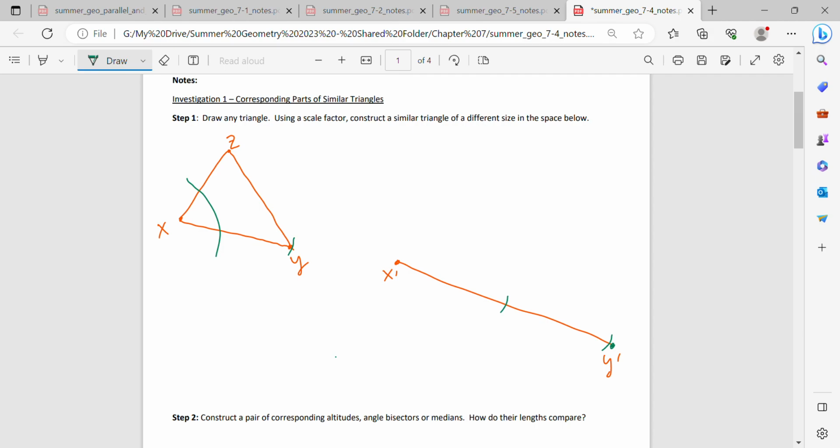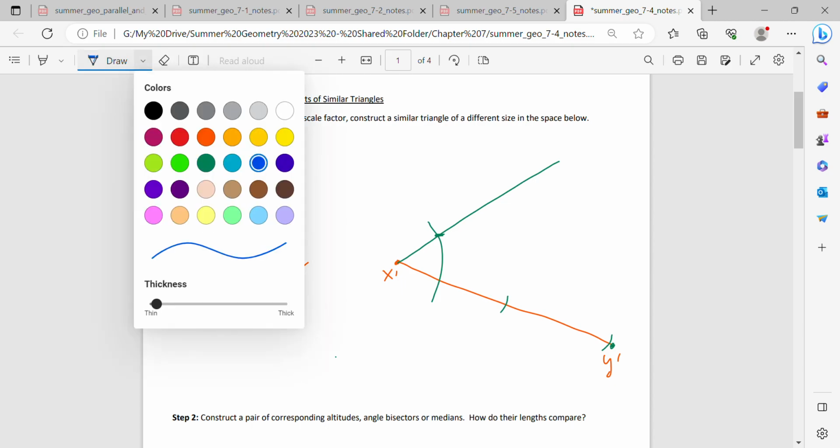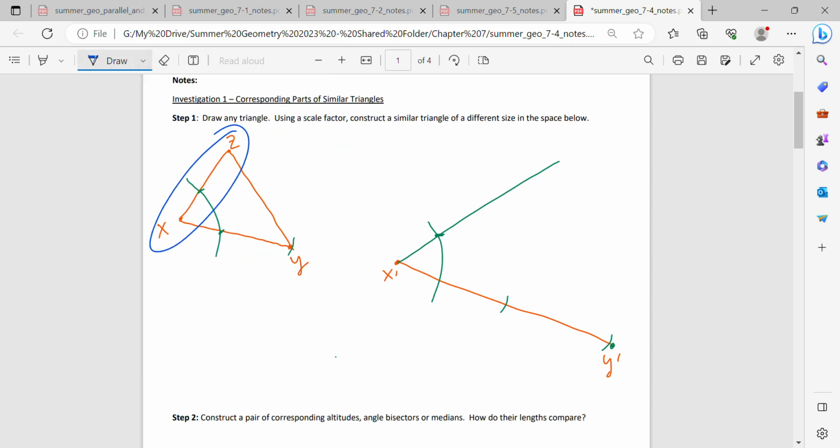To do that, I'm going to make an arc strike through both rays, or both sides, of angle X and copy that onto my X prime location. Then again, I set my compass to this distance and copy that distance at point X prime and copy angle X. Then I'm going to copy segment XZ by setting my compass to the distance of XZ and then at X prime copying that twice.